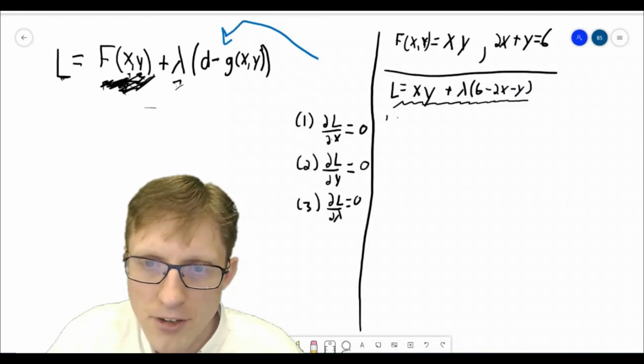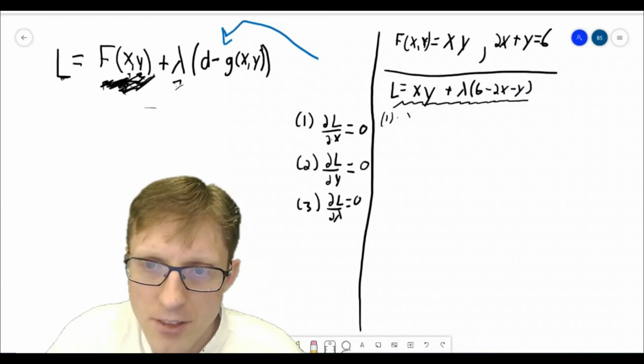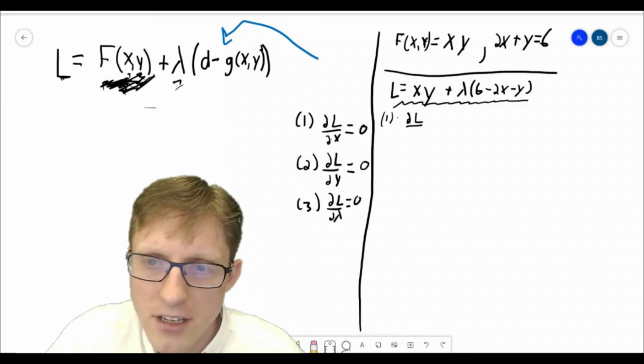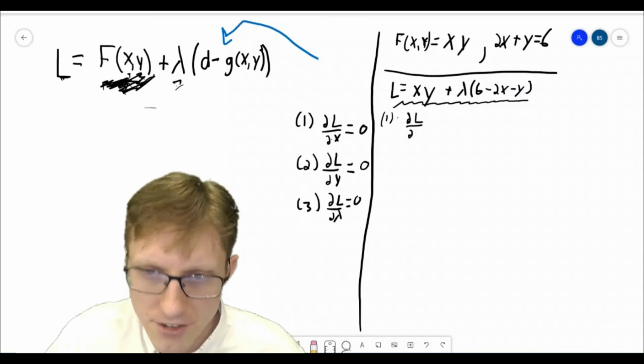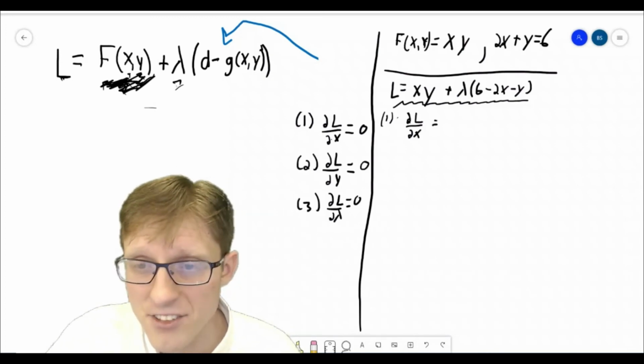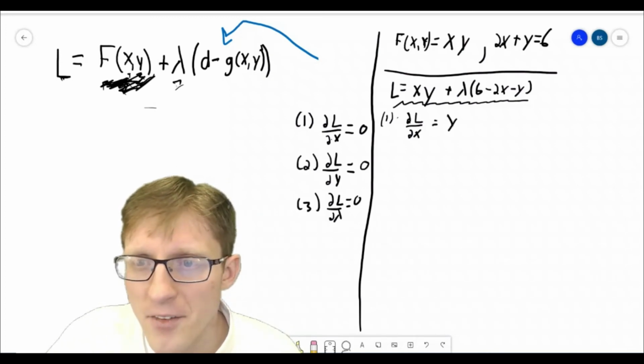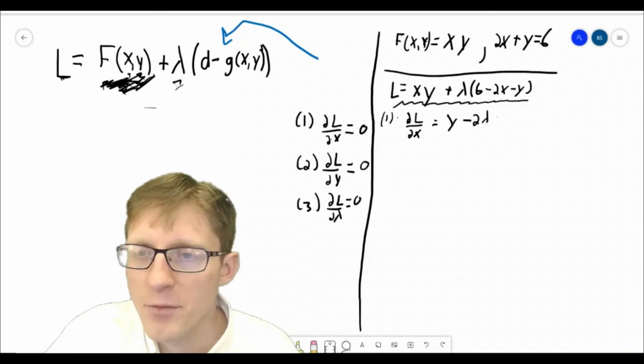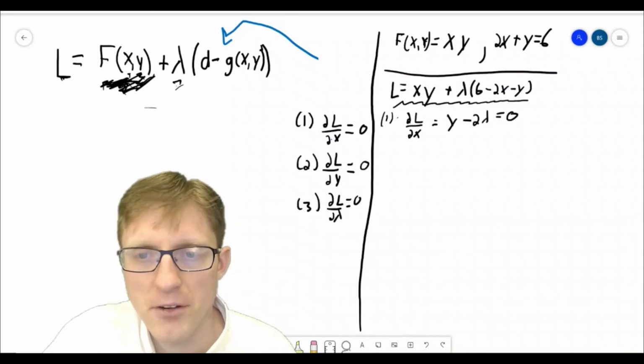So the first partial derivative: I'm going to take the partial derivative of the Lagrangian with respect to x, and that's just equal to y minus 2 times lambda. Again, we set these partial derivatives equal to 0.